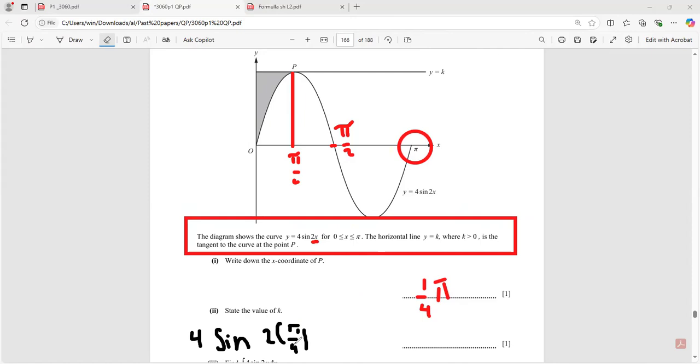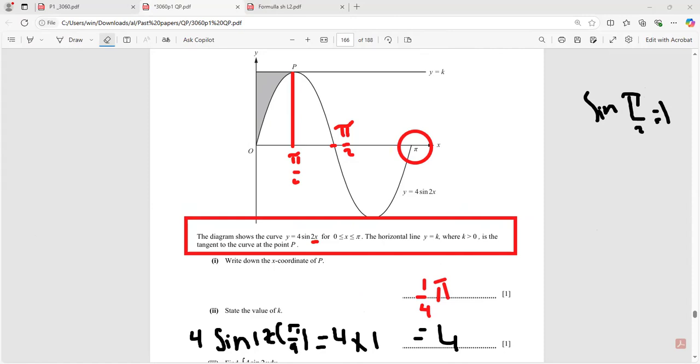So 2 times pi over 4 is pi over 2, which is sine 90, or sine pi over 2, which equals 1. So it is 4 multiplied by 1, which equals 4. Let's see the next.